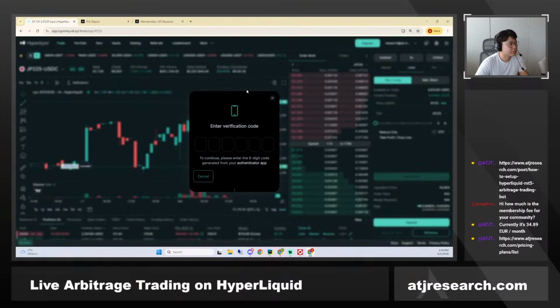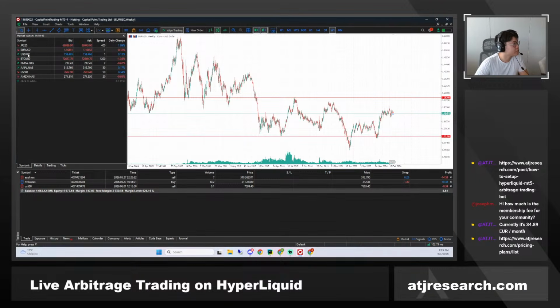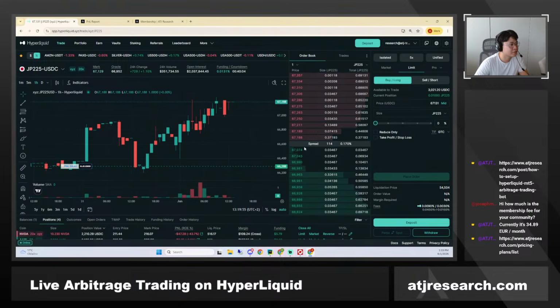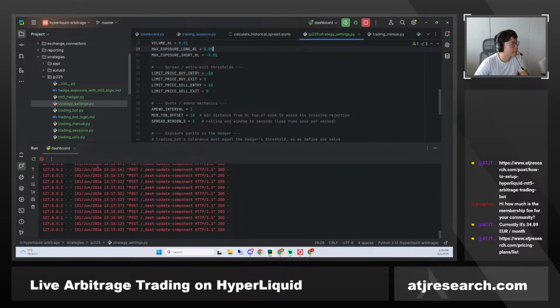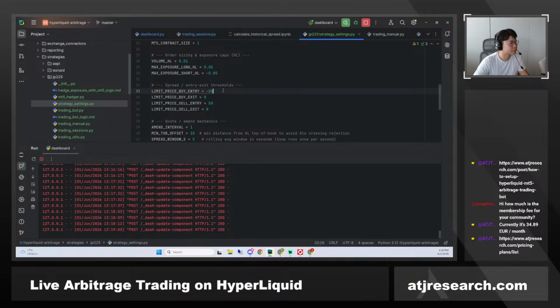Let me look at the current spread, right? It's 114, the price is 67,000, and here JP225, yeah, so definitely 669, 67. So it's definitely overvalued here.